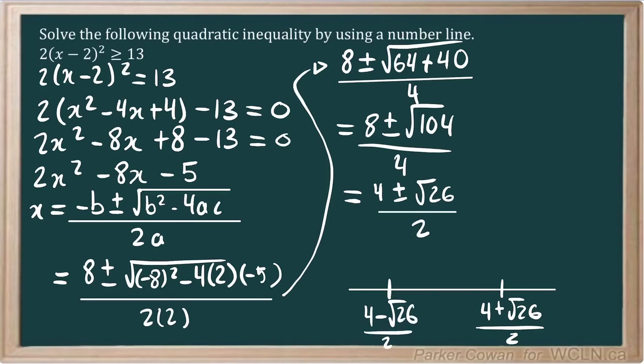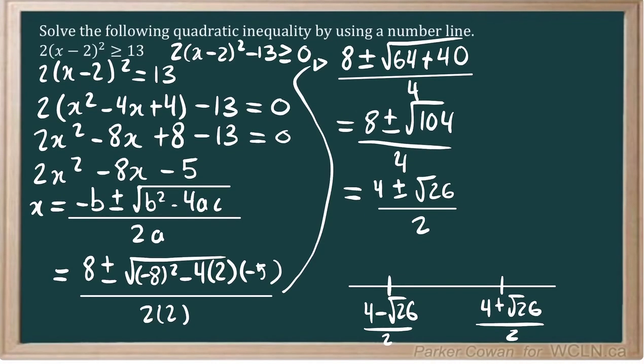Okay? Now, if we were to picture the parabola that this represents, what we're trying to find is where 2x minus 2 squared minus 13 is greater than or equal to 0. So we want to find the portion of this parabola that's above 0. And if we think of this as an x-axis, then we can determine that the parabola is going to be some shape like this, and we want to find the portion that's above the x-axis, right?